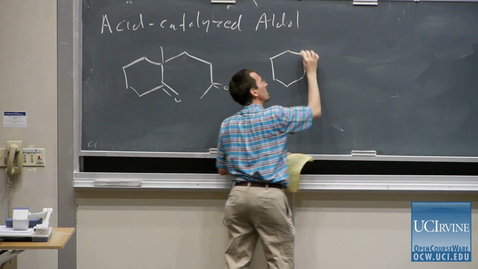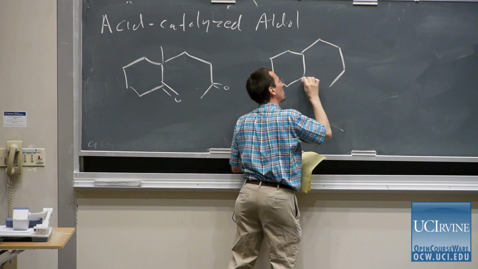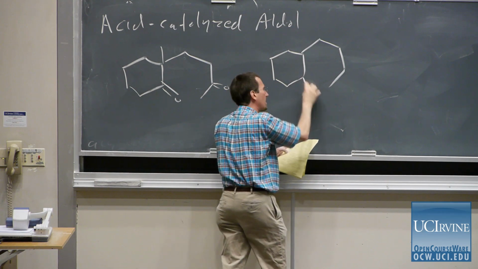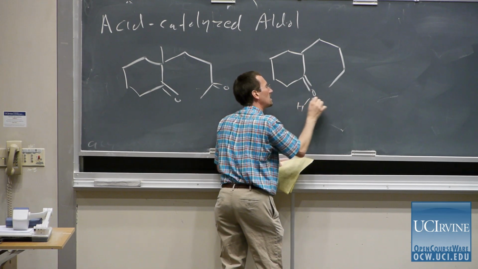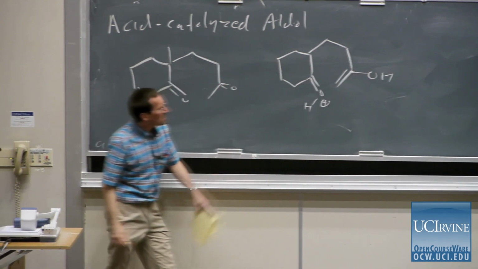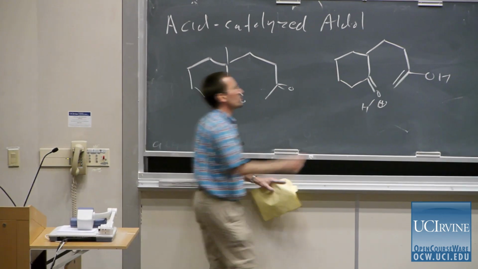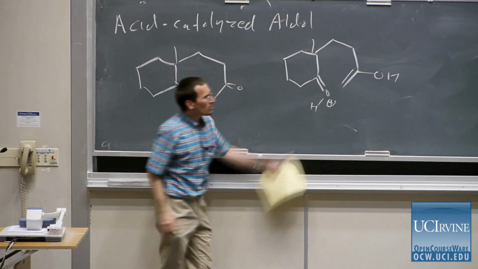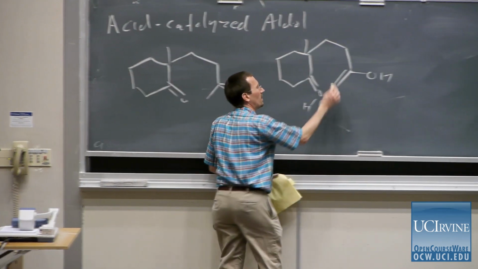And again, you should be able to work this out on your own. In fact, I think there may be a problem along these lines in the textbook. Okay, so you can see just as before, you can protonate, you can generate an enol. And again, you're set up for an intramolecular reaction.